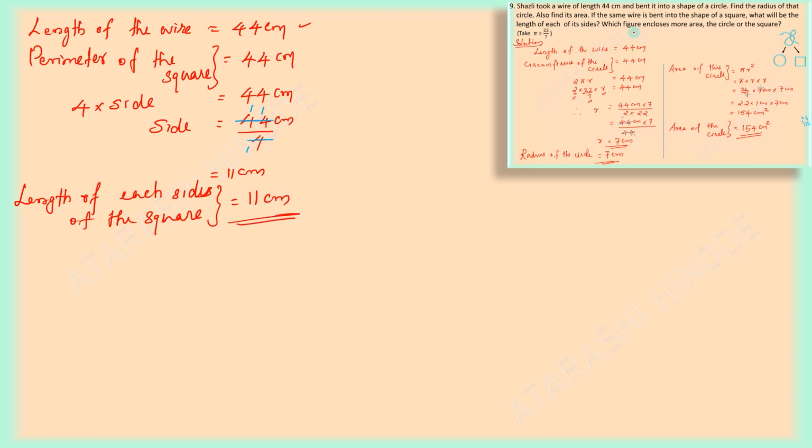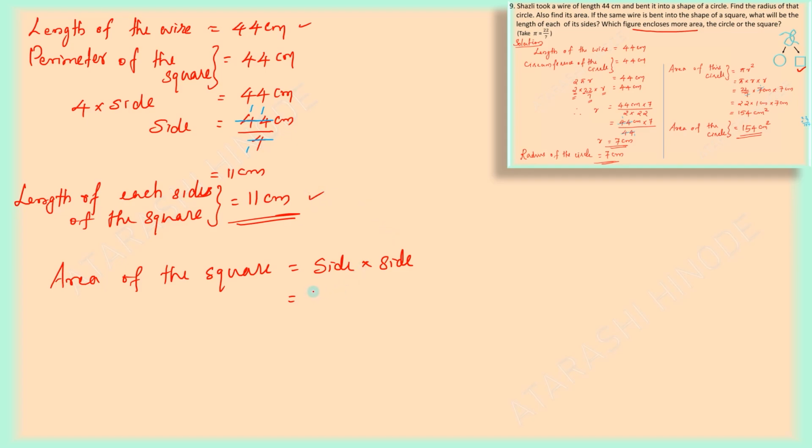Next, for finding which figure encloses more area, we have to compare the areas of these figures. For that, we have to find the area of the square also. So, let us write area of the square equal to, formula is side into side, that is equal to, side we got as 11 centimeter.